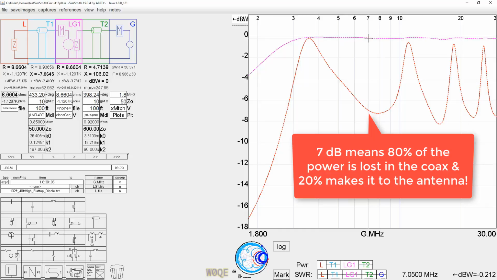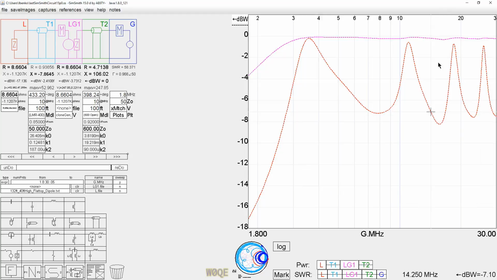At 14 megahertz, that's close enough. It's got 7 dB of loss again. Open wire line's got 0.2 again. On 15 meters, it's got 6.7 dB of loss. Open wire line has 0.196.